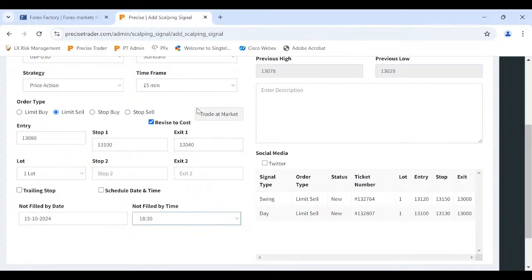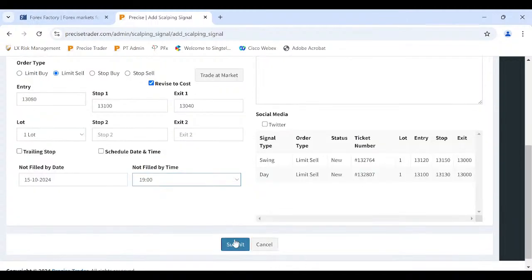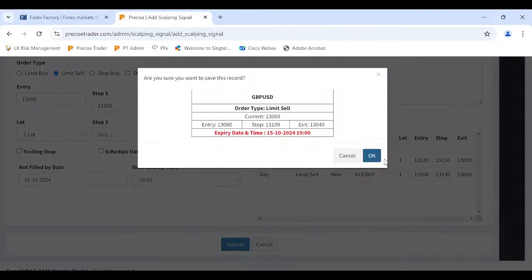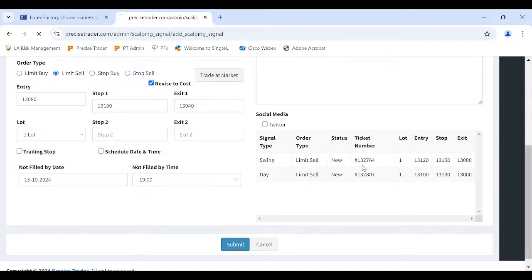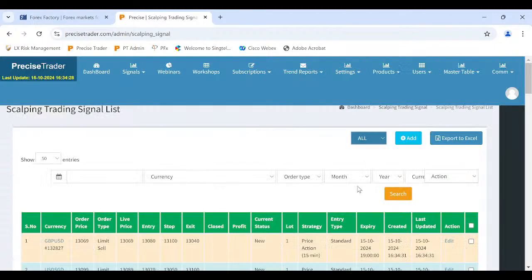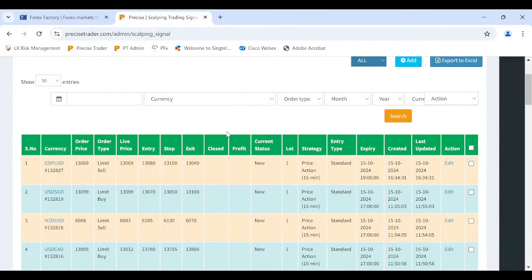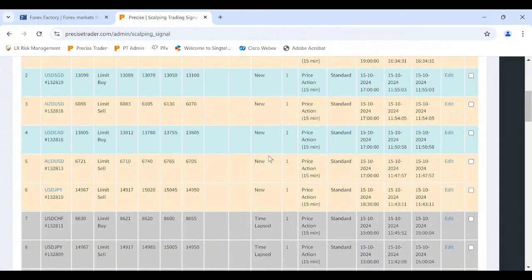Okay, this one expiry is until 19, that means another 2 hours. Okay, so this trade also we can put in, then we will see how this works out. So apart from that, other signals are still working.